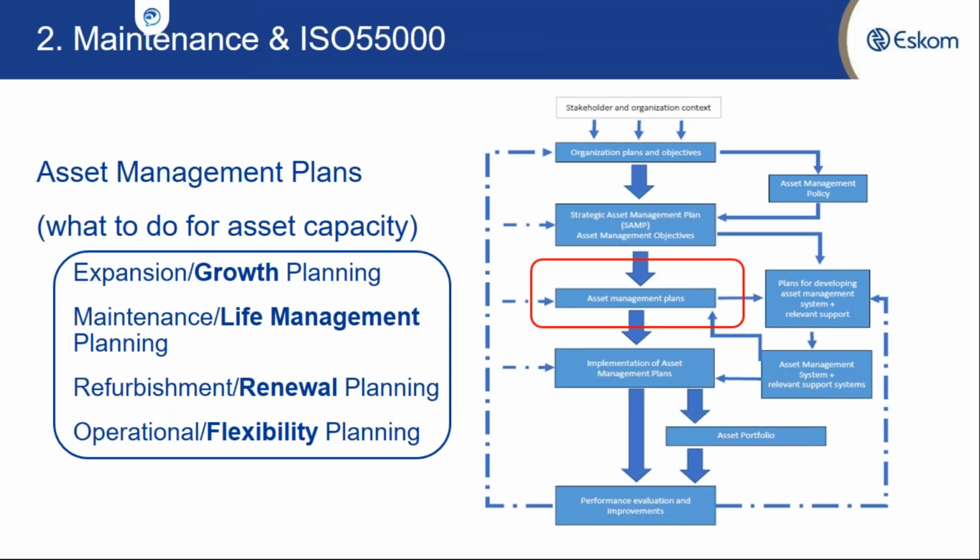And this speaks to the need for redundancy. So this model demonstrates that maintenance planning is one of the key elements of asset management plans, as mentioned by ISO 55000.